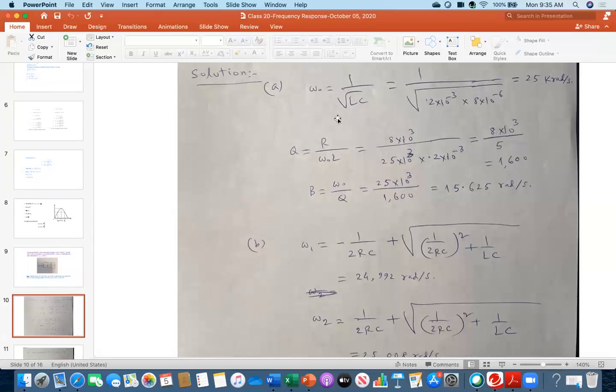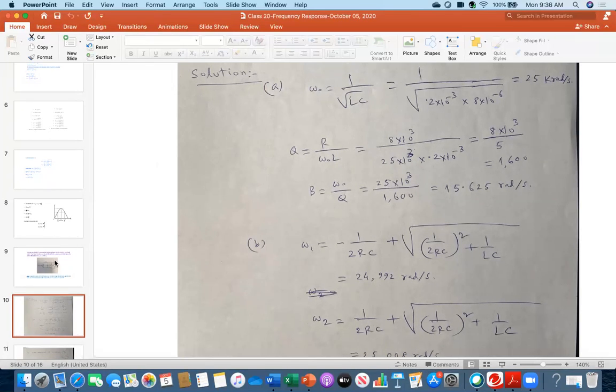So everybody see? At first I am calculating omega naught. What is omega naught? 1 over root LC. Just keep in mind, this omega naught, 1 over root LC, is applicable to both the series circuit and the parallel circuit. It does not change. It is the same thing. Then here I am substituting those values.